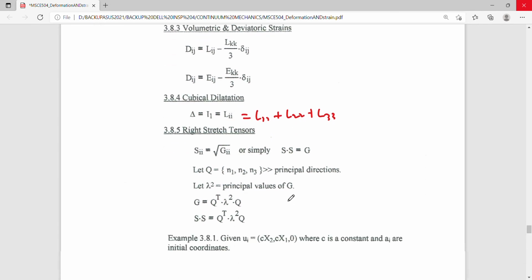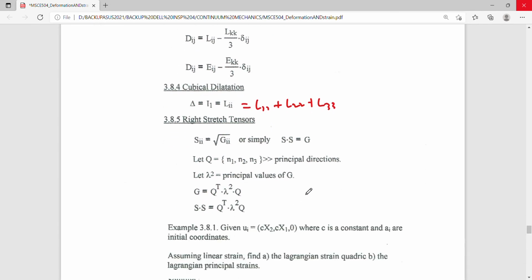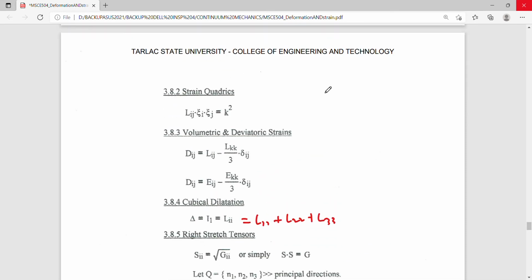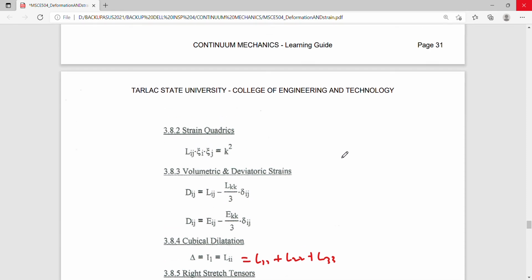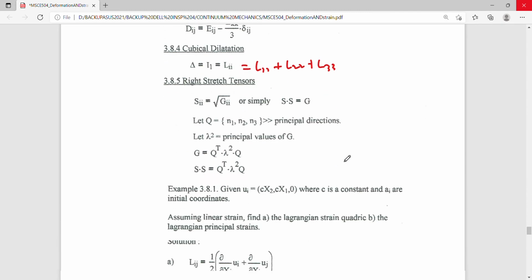So for the right stretch tensors, which was not discussed on the above lecture on stretch ratio, this is another way of trying to determine the measurement of your linear strain, no?